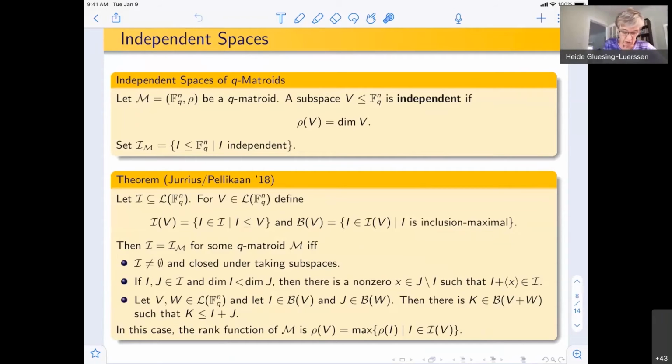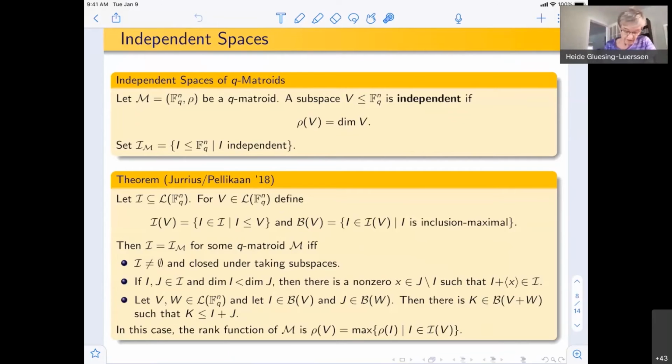Given our collection of just spaces, this collection forms the collection of independent spaces for a q-matroid M if and only if it satisfies the following three properties. The first is that it's not empty and closed under taking subspaces, as you know from linear independence in linear algebra.